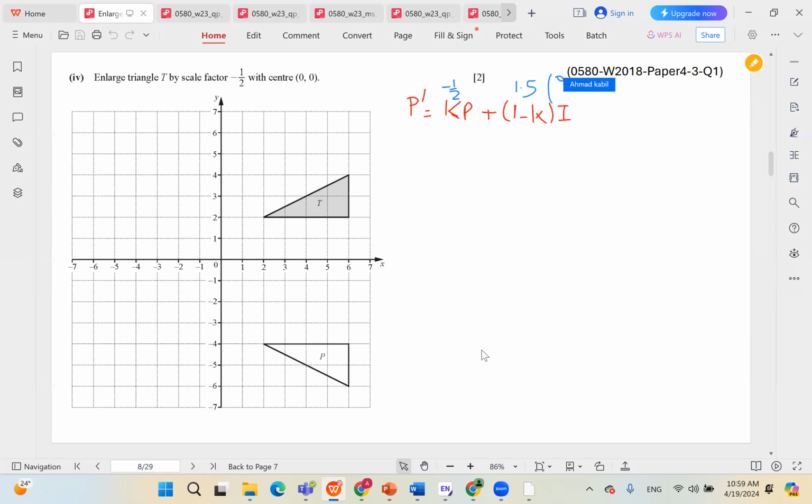I is 0, 0, so this will simplify things for us in the table. So let's draw the table. We have P, KP, 1 minus K times I, and finally P dash.